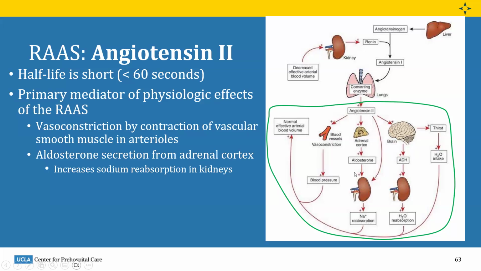Remember, a part of this whole system is to increase water reabsorption, increase our blood volume and blood pressure, and to increase our salt reabsorption, right? So aldosterone is going to do that, and that's formed in the adrenal cortex.